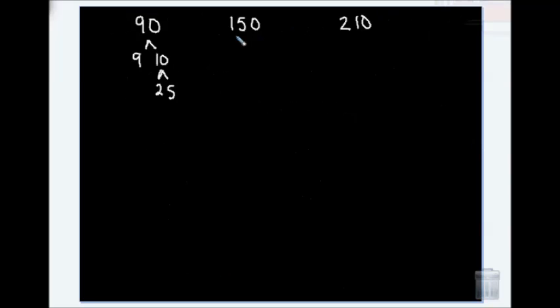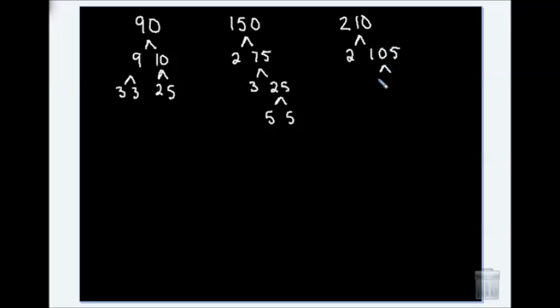If I have 3 numbers and I want to find the greatest common factor, I'm going to factor all 3. Oh, that's not 5 times 25. 21, sorry. Okay.